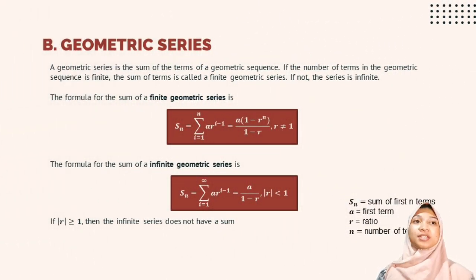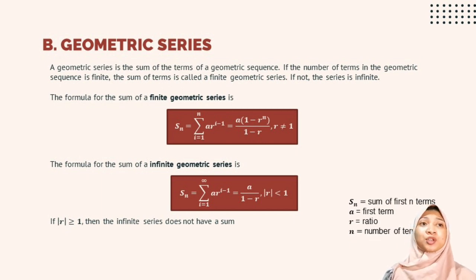Number 2 is geometric series. A geometric series is the sum of the terms of a geometric sequence. If the number of terms in the geometric sequence is finite, the sum of terms is called a finite geometric series. If not, the series is infinite.